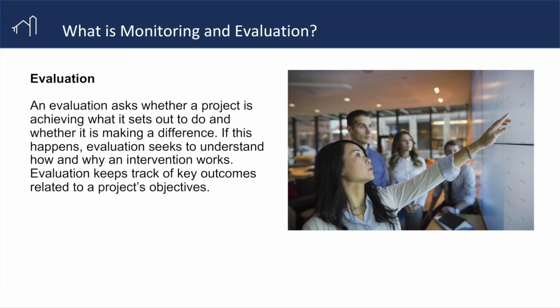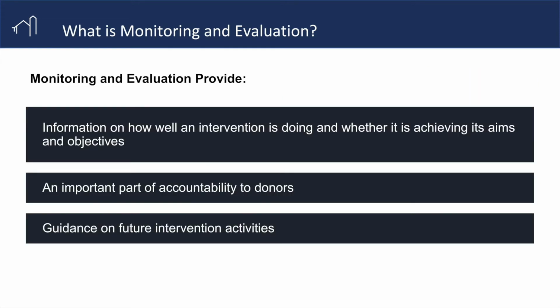Evaluation takes all of that information and then asks, are we achieving what the project had set out to do originally, what the project's mission and vision is, or rather are we achieving what we're looking for in a specific research question per se. So that's what M&E is, and it provides information on how well an intervention is doing, whether it's achieving its aims and objectives.